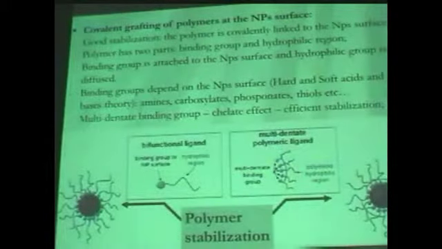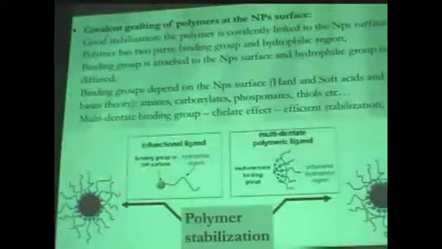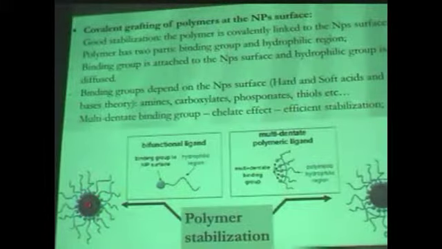The second way is the covalent grafting of polymers at the nanoparticle surface, which gives relatively good results. Here now the polymer is covalently linked to the nanoparticle. Usually the polymer has two parts.